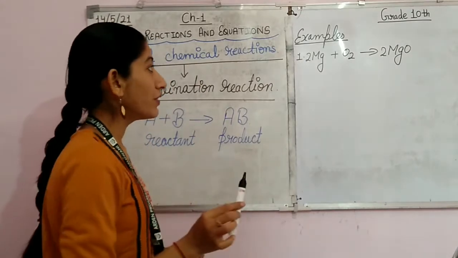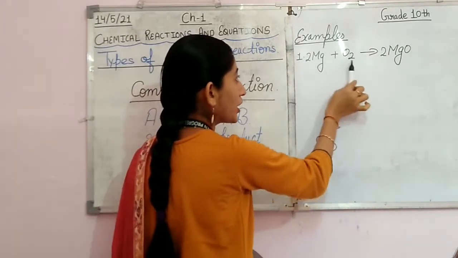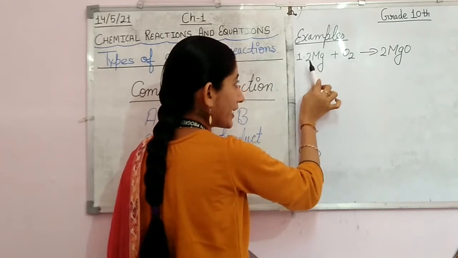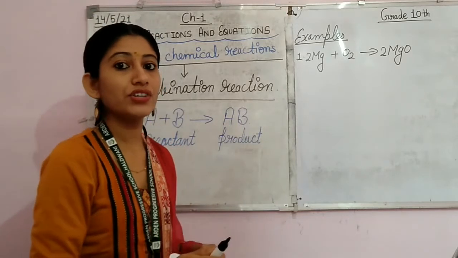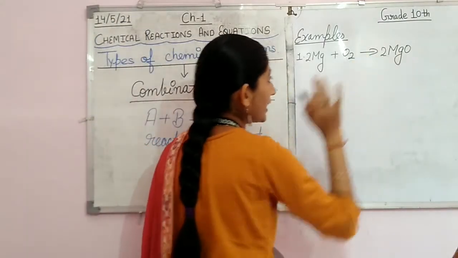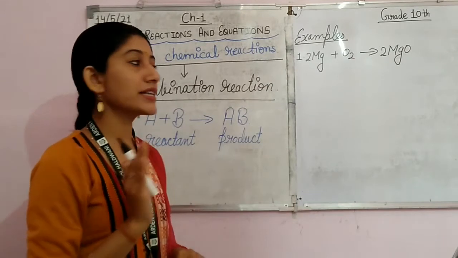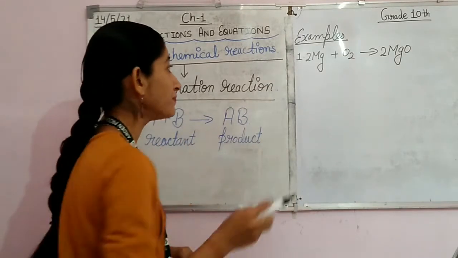Here we have taken two reactants, and when they combine with each other, they form one single product. So this is an example of a combination reaction.